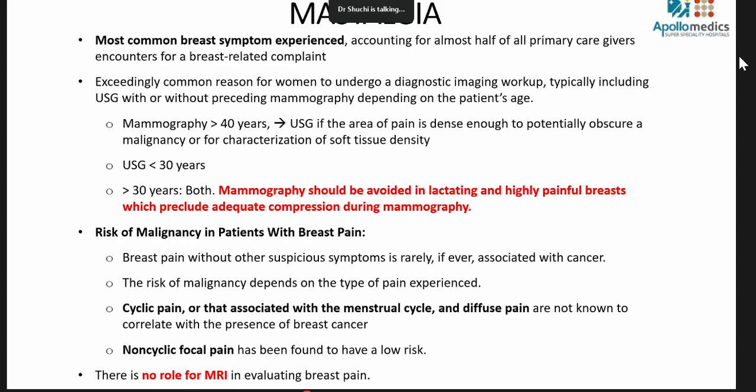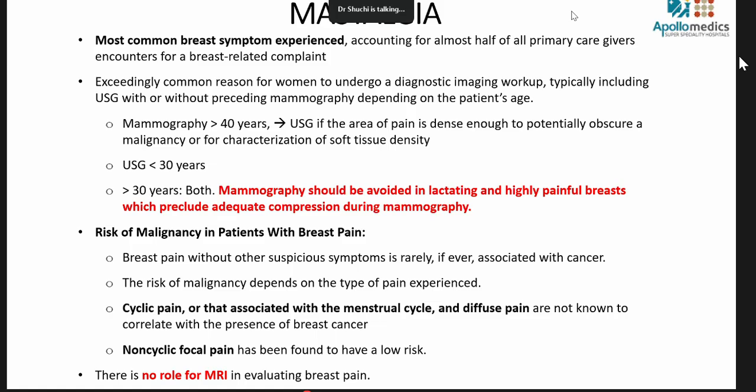Then coming to mastalgia. Mastalgia is the most common breast symptom experienced, for almost half of the primary caregivers encountering a breast-related complaint. It is an exceedingly common reason for women to undergo diagnostic imaging workup, typically including ultrasound with or without preceding mammography. And the evaluation depends upon the age.